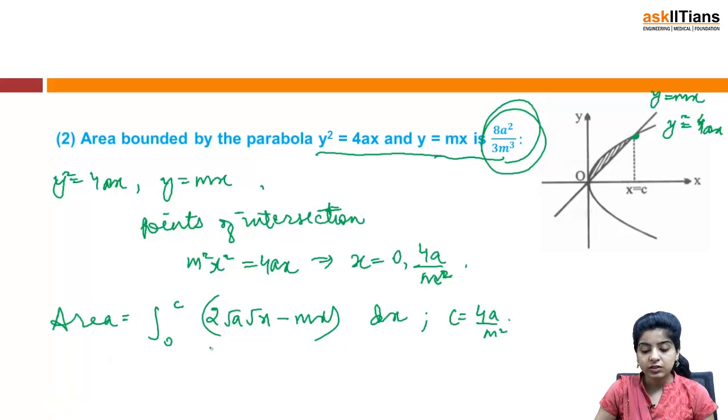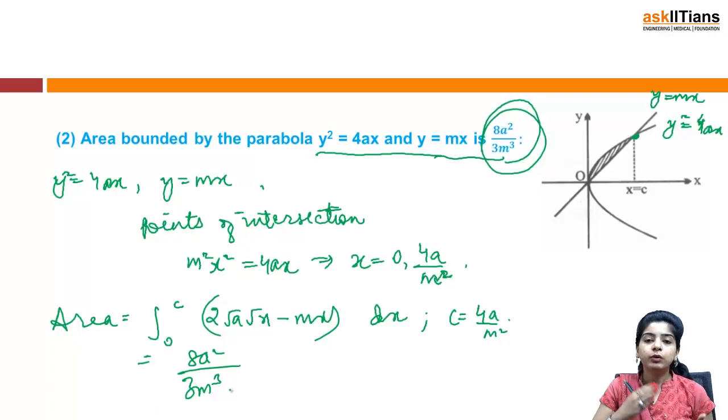This will come out to be 8a square by 3m cube. You can directly remember it. The area enclosed by y square equal to 4ax and y equal to mx is 8a square by 3m cube.